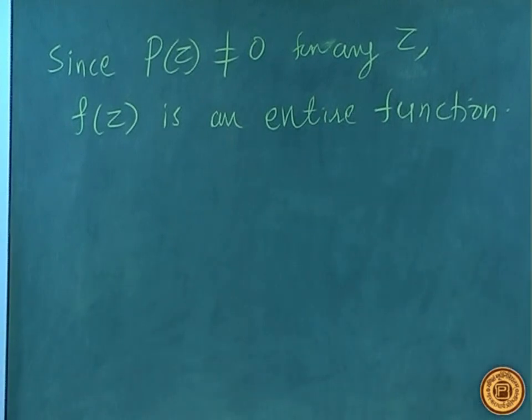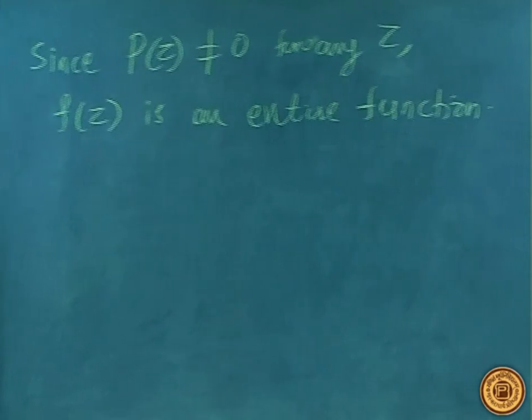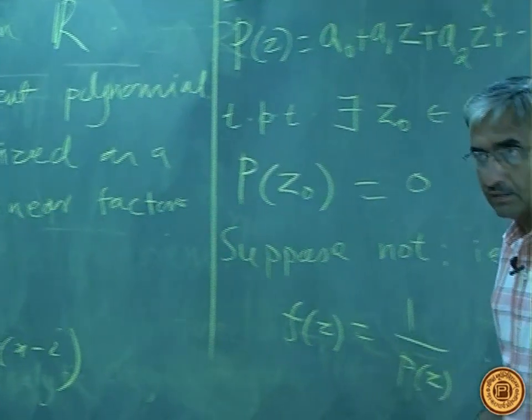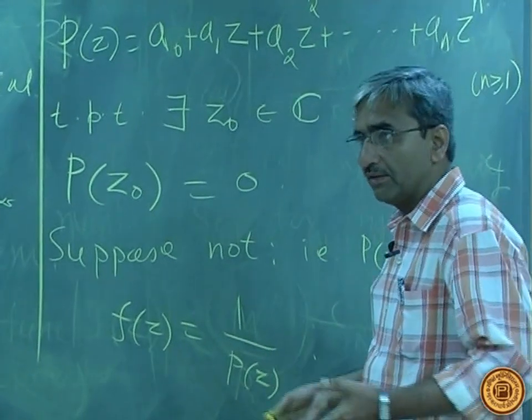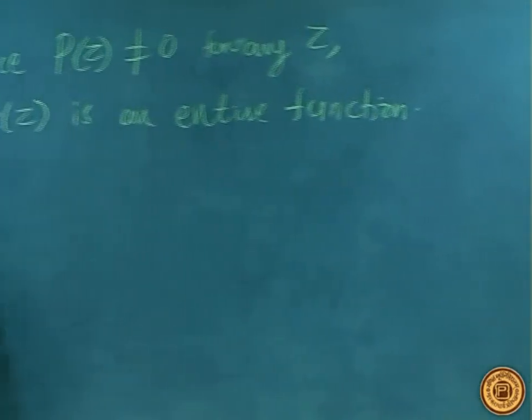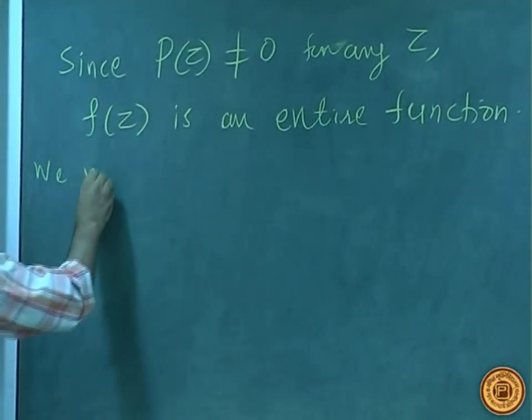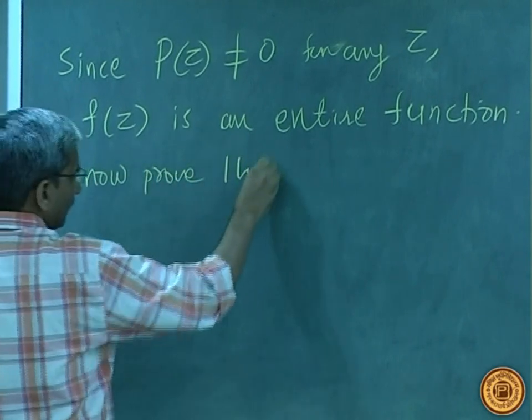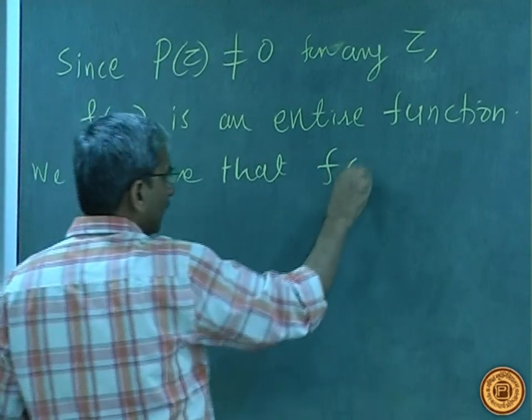So let us prove that it is bounded, and then it will become constant and we get the desired contradiction. So we now prove that f(z) is bounded.